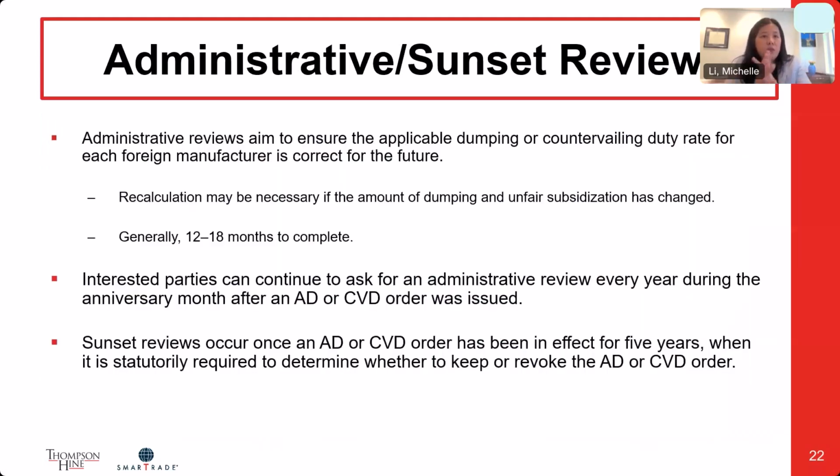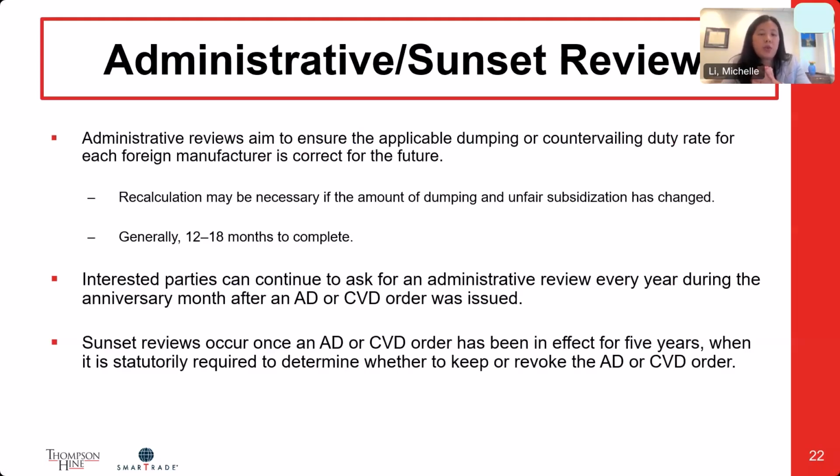And we talked about administrative and sunset reviews already. Administrative reviews aim to ensure that the applicable dumping and countervailing duty rate is correct, so it can be recalculated if the amount of dumping and unfair subsidization has changed. That's why both sides have the opportunity to request review.